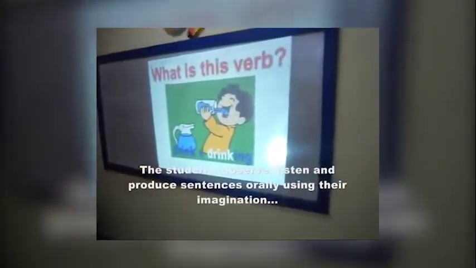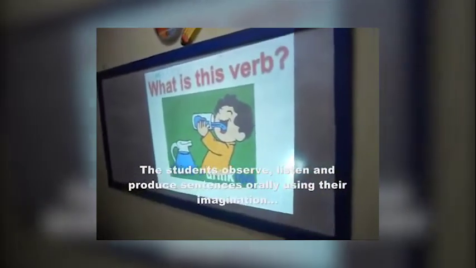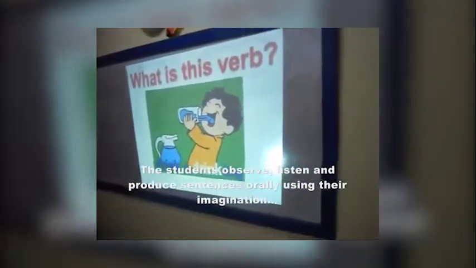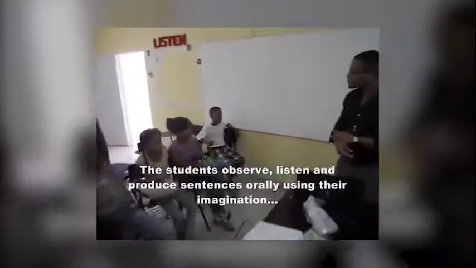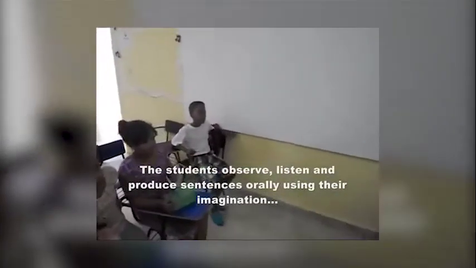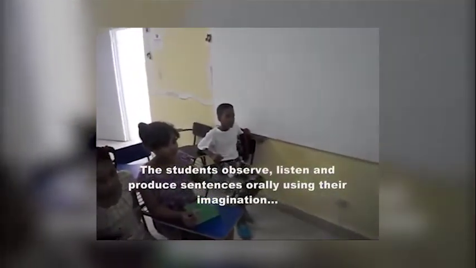So take a seat now. Let's take a seat. So now, I'm going to show you the verb, and I want you to tell me examples of the verb. Right? What is this verb? Drink. Who can give you an example with drink? Yeah? You? Uh-huh.